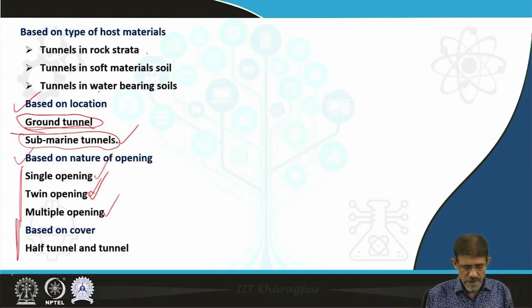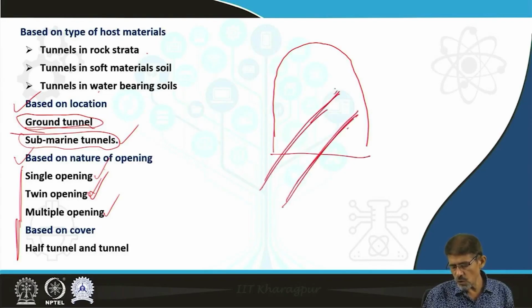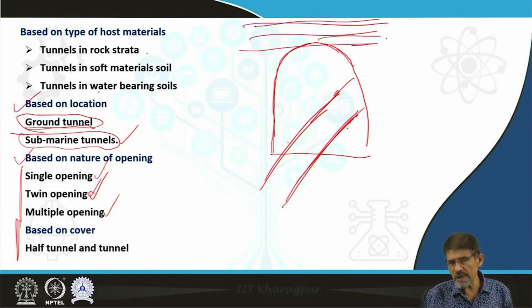Based on cover, if you see the tunnels throughout your railway journey, you can see some of the tunnels you are going to encounter through your visit by road or rail. When the roof is covered by the overlying strata, we recognize it as a tunnel or covered tunnel.